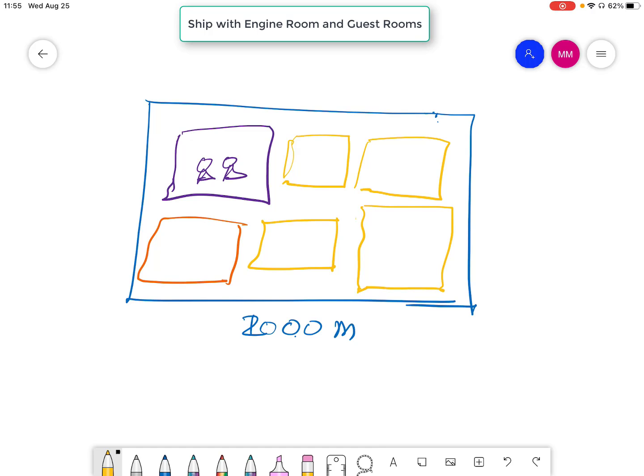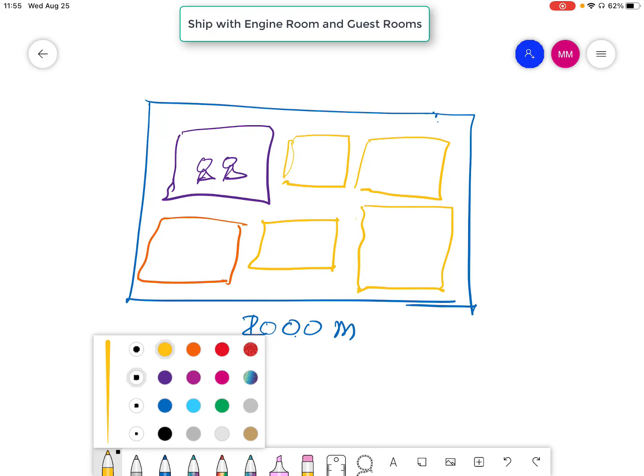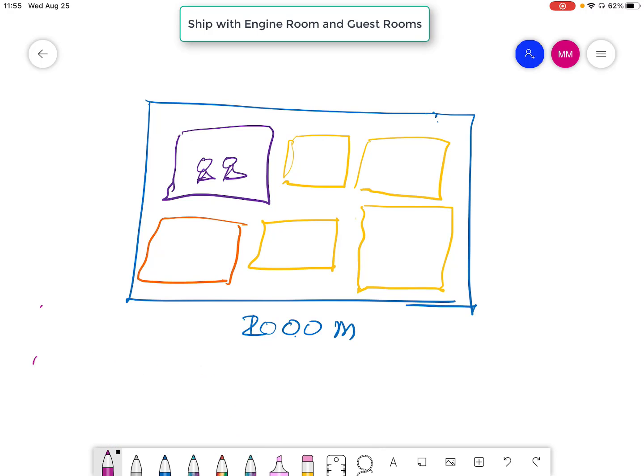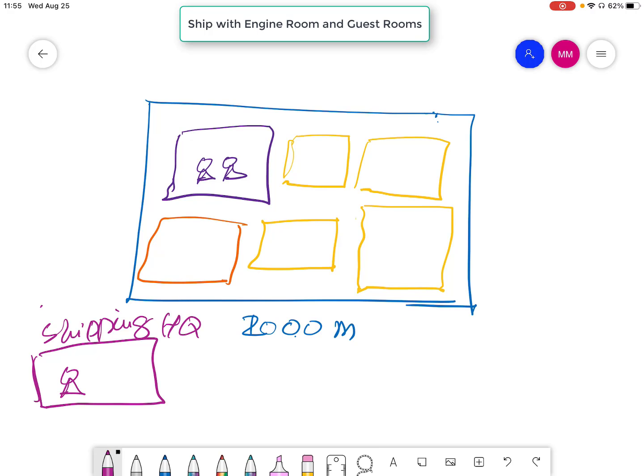In our example, we have another actor here, somebody from outside. He's sitting outside the ship. Maybe this is our shipping company's headquarters, and I've got a shipping company's manager sitting there.